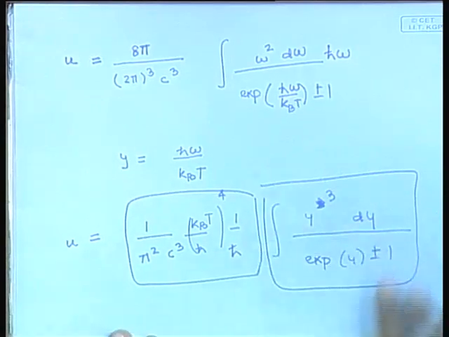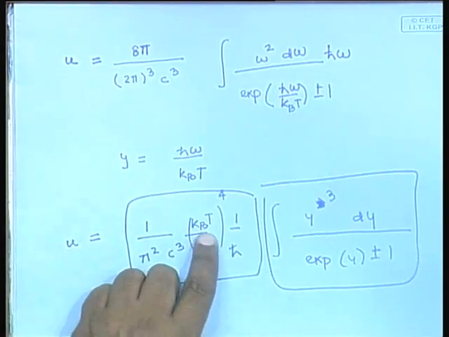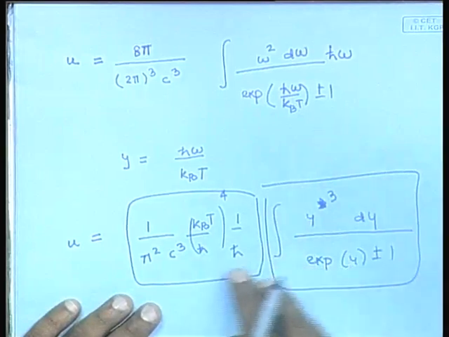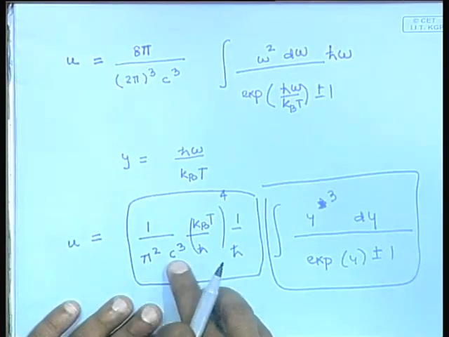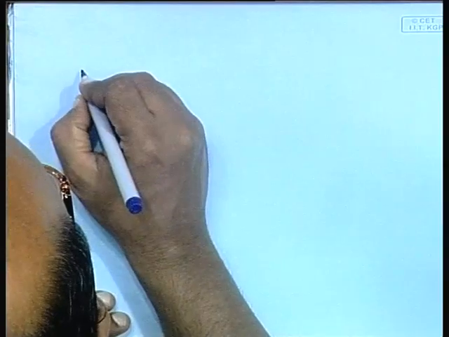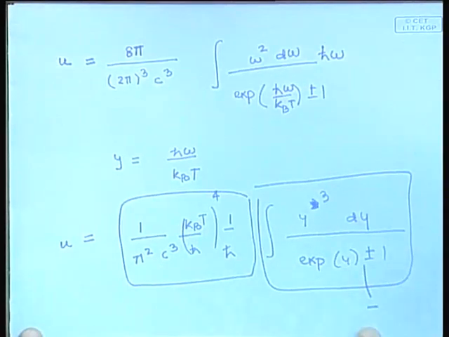So, the important thing over here is that this depends only on the temperature. The rest of these things are constants. This integral is a constant, h cross, kB, c, these are all constants. So, finally we can write this as the internal energy. For photons we are interested in photons, so for photons this is restricted to minus 1. For the time being, let us focus our attention on thermal radiation.